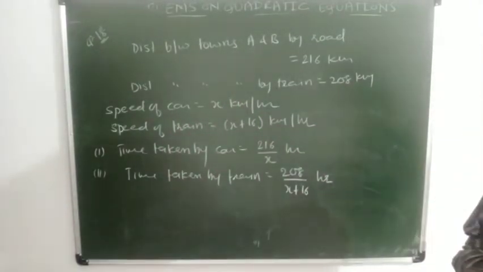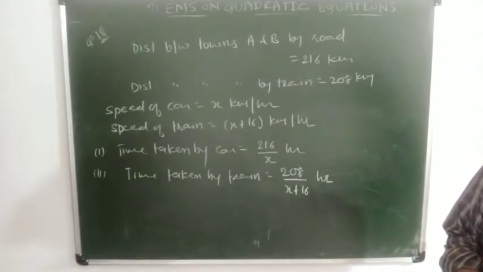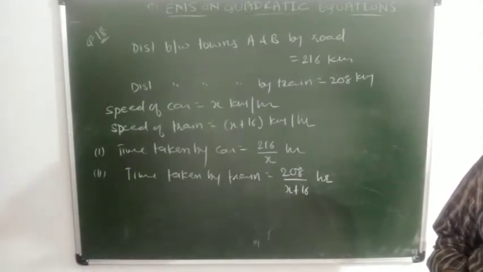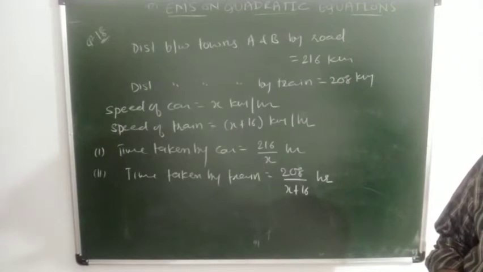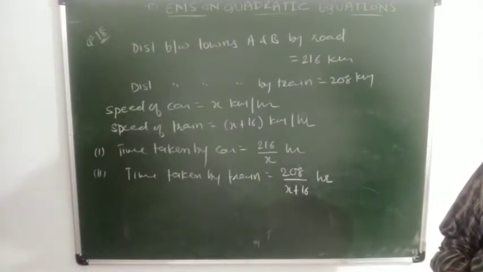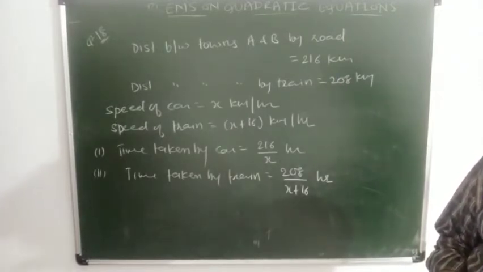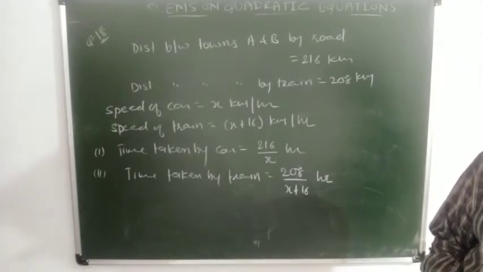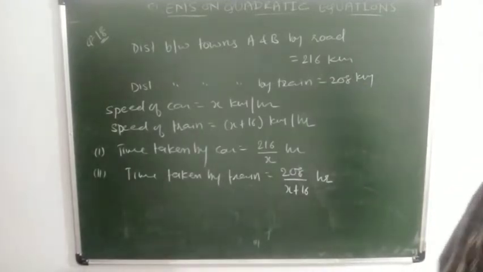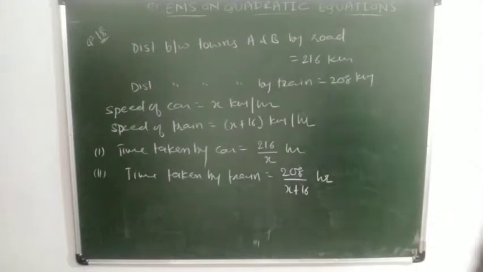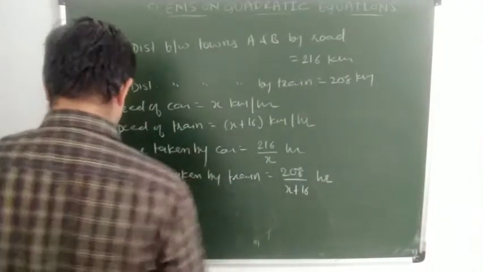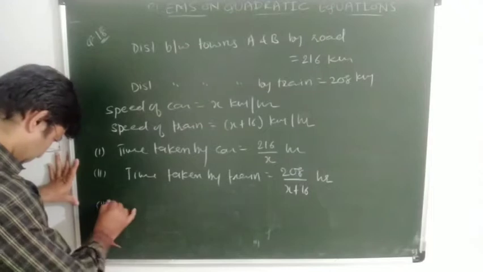Now the train takes 2 hours less, so time difference is given as 2 hours. First we have to frame the equation, and then we have to find the speed of train. So let us do that. Time difference is given, number 3.